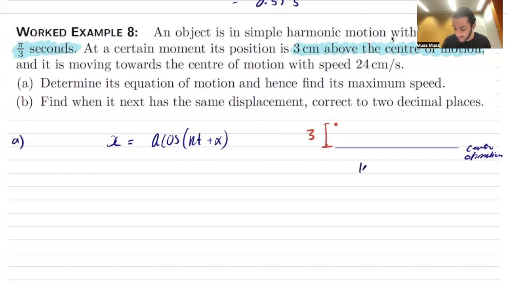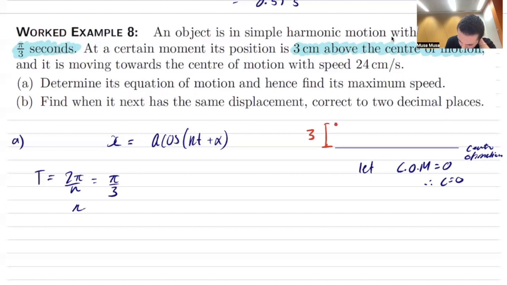Let's just say, let center of motion equal 0. Therefore, C just equals 0. This just makes our life easier. We don't have another unknown. Now, they told us something about the period. Period equals pi on 3. So T equals 2 pi on n, remember? So that's going to equal pi on 3, and from solving this, we get n equals 6. So now we know x equals A cos(6t plus alpha).